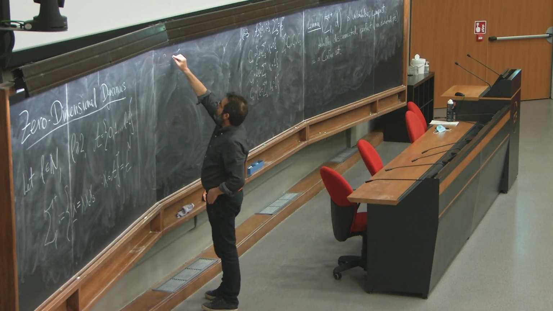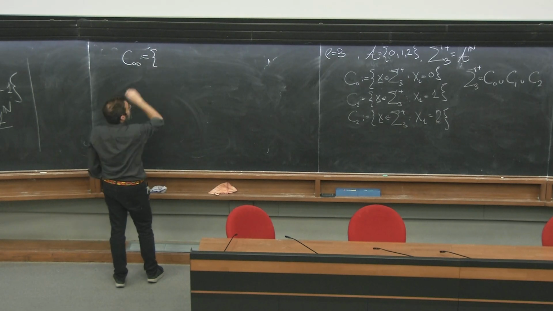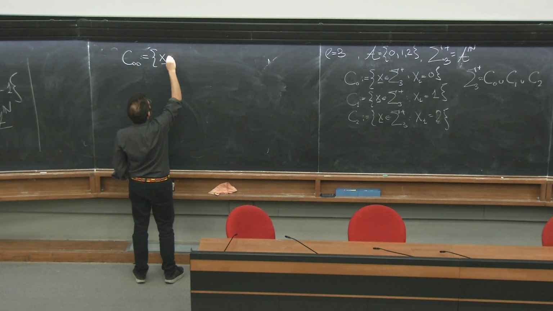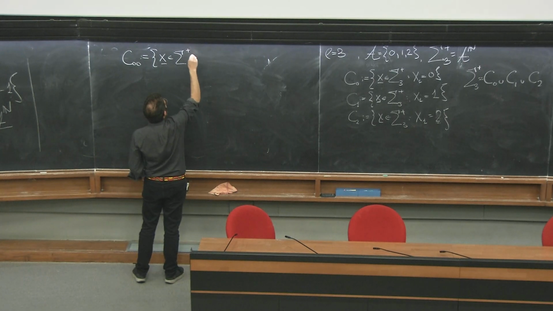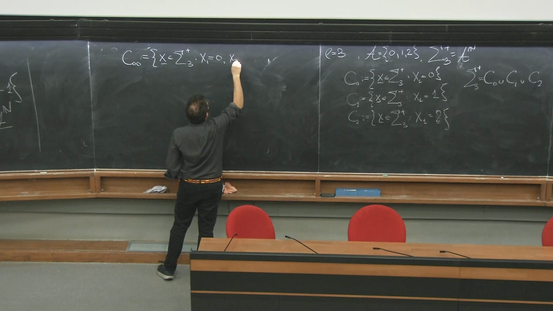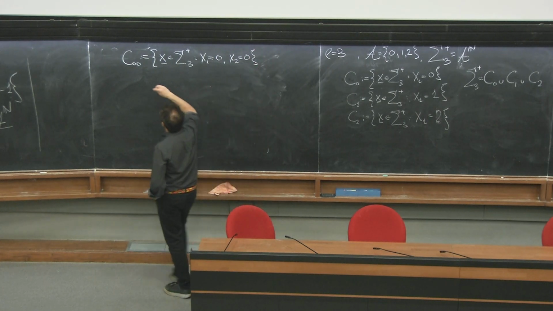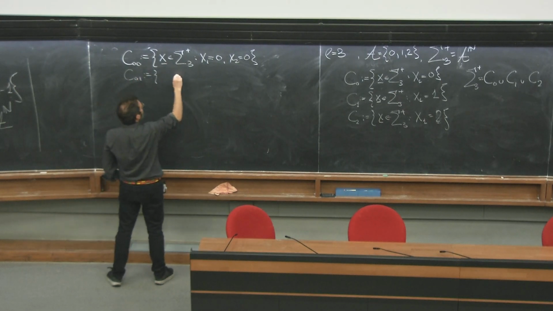So we can write C00 by definition as the sequences in sigma A plus such that x1 equals 0 and x2 equals 0. And C01 is the same, right?